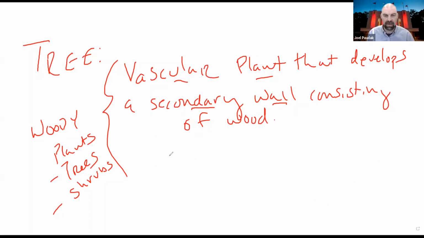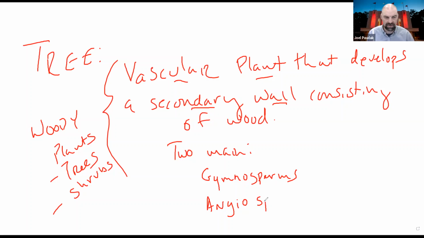Now, there's two main types of trees. You probably know them as hardwood and softwood, but really they are called gymnosperms and angiosperms. And this is a differentiation based on their seed and what their seed looks like.